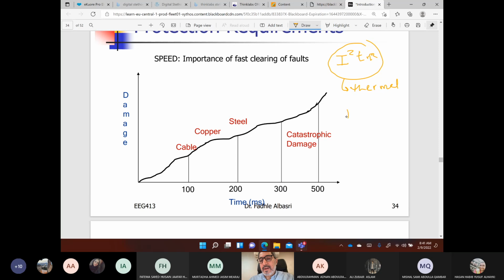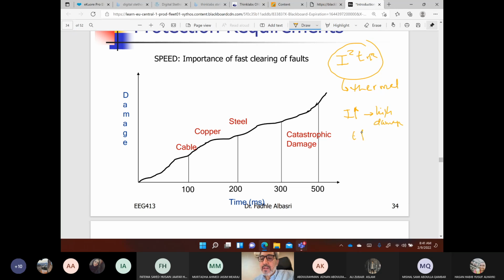As I goes higher, that means higher damage, of course, when the current is higher than the full load current or the rated current of the equipment. I will have higher damage if I don't trip quickly.